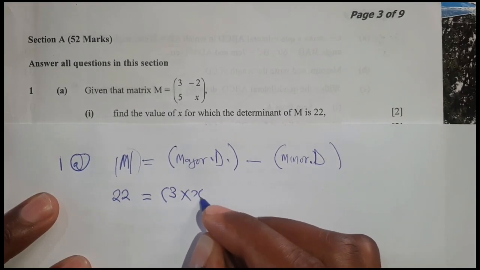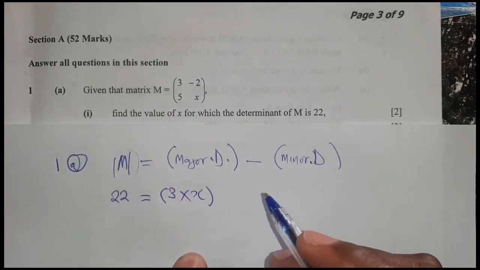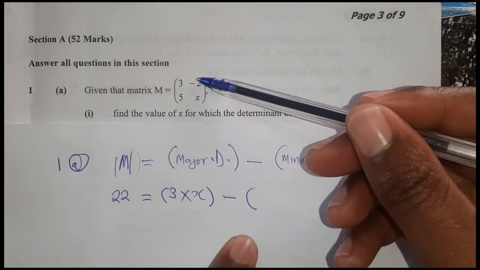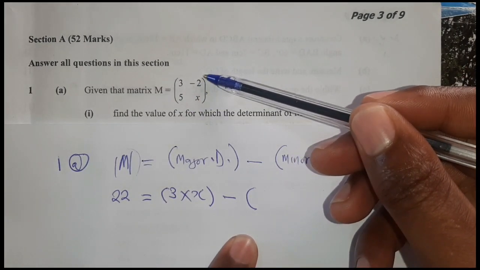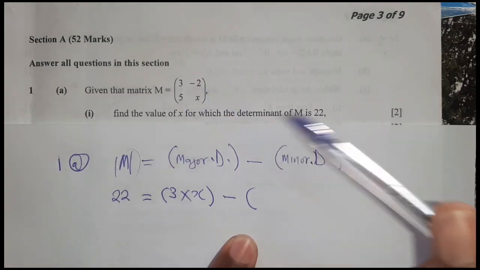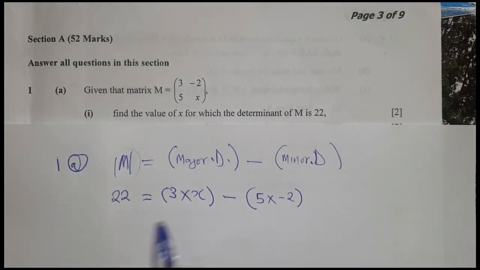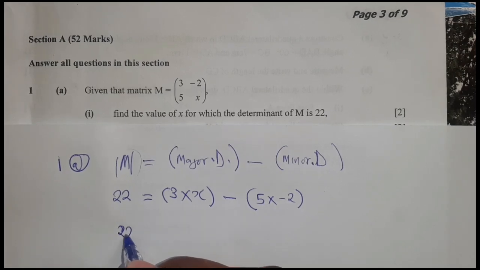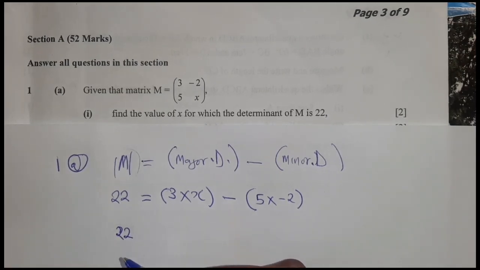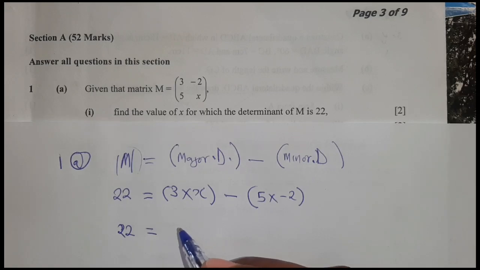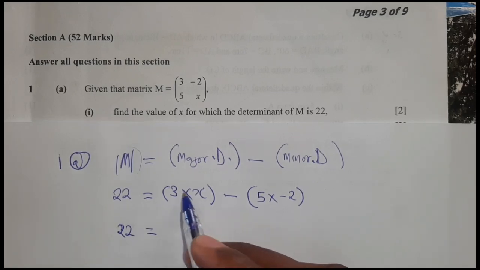Then our minor diagonal, so minus, our minor diagonal is where the 5 and the -2 are, so 5 times -2.